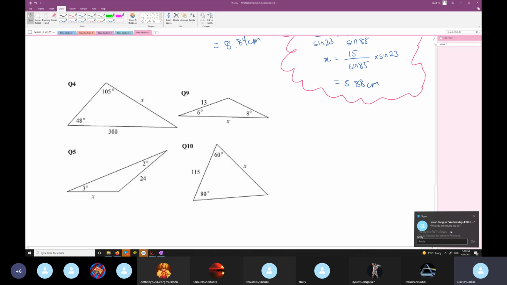You can round to 2 decimal places. 2 decimal places is fine.